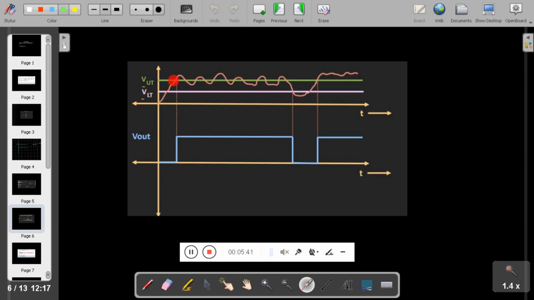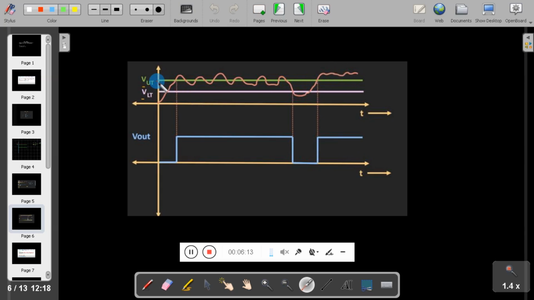When the input signal crosses the upper threshold point, the output changes from 0 to high, and the output will remain in that state as long as the input remains above the lower threshold point. When the input crosses below the lower threshold point, the output changes once again, from high to low. Once again the output changes from low to high when the input crosses the upper threshold point.